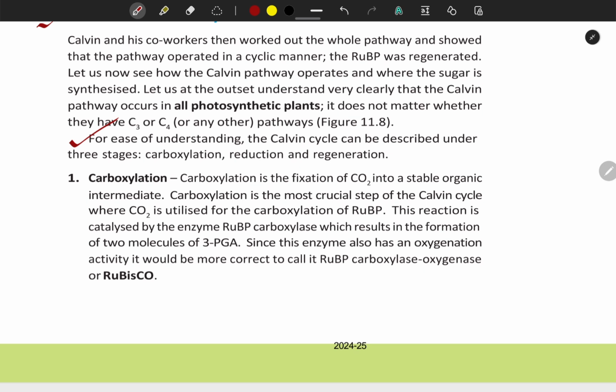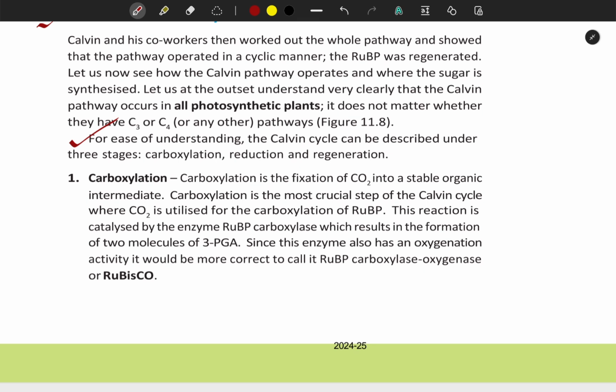For ease of understanding, the Calvin cycle can be described under 3 stages: carboxylation, reduction, and regeneration. Number 1. Carboxylation. Carboxylation is the fixation of CO2 into a stable organic intermediate. Carboxylation is the most crucial step of the Calvin cycle, where CO2 is utilized for the carboxylation of RuBP.